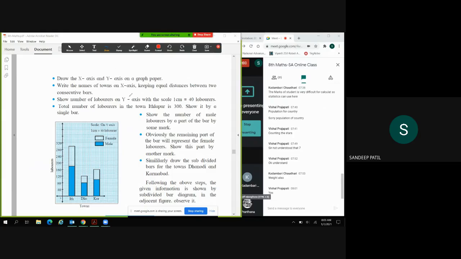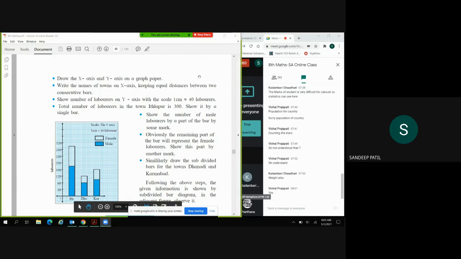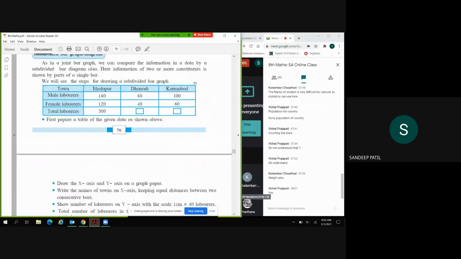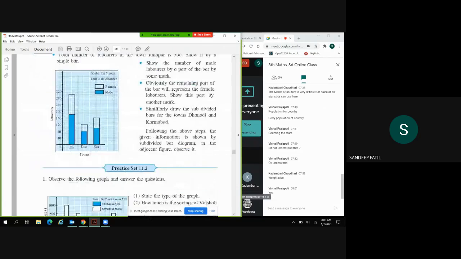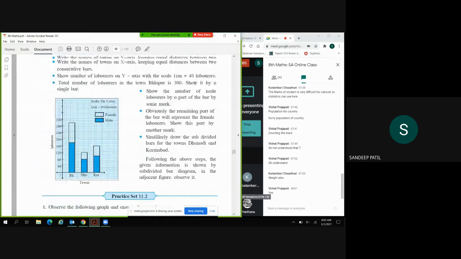So यहाँ क्या है? Draw the x-axis and y-axis on graph paper. I think you may be using these graph papers, right? So we have to draw the x and y-axis. We have to start at 0, and on y we can see the numbers. Then there are 3 towns: Ithalpur, Dhanodi, and Karmabad.